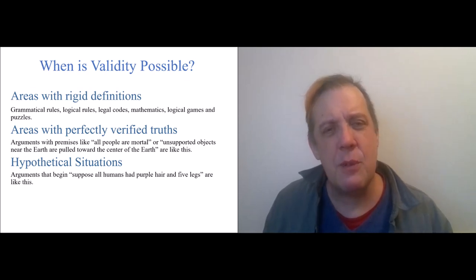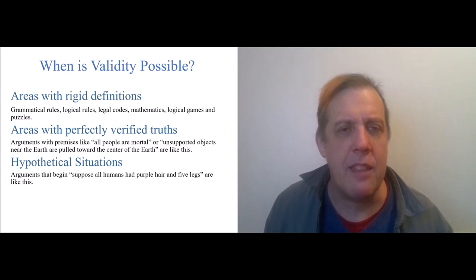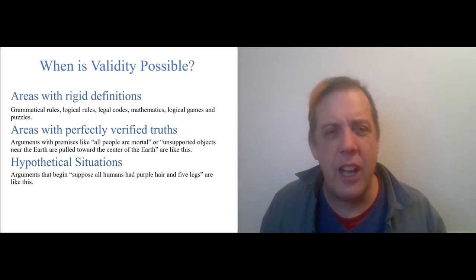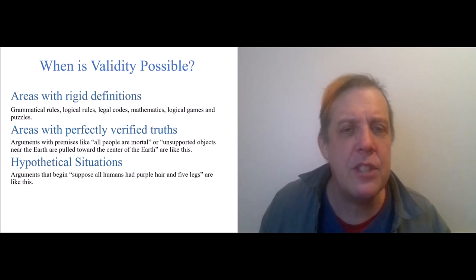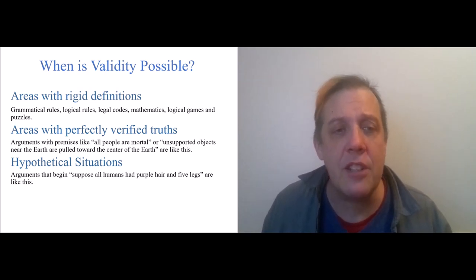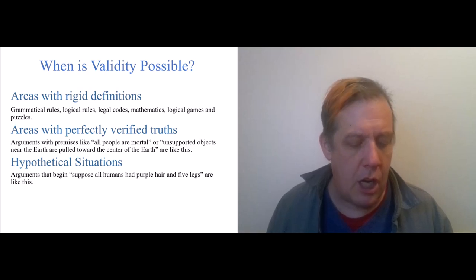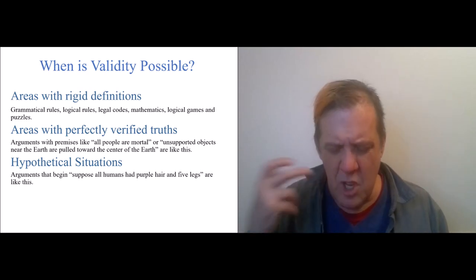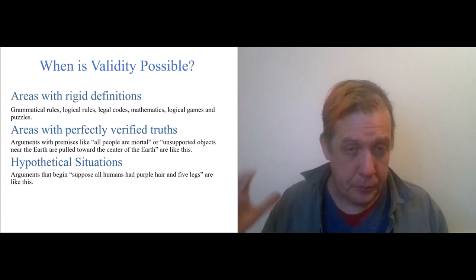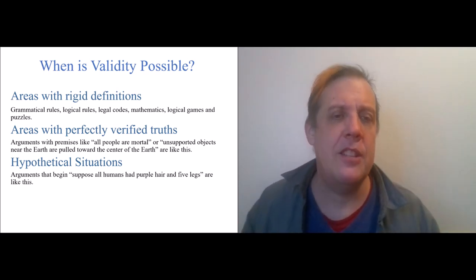Also, if we've got truths that we accept so naturally that they seem like mathematical truths, then we can go ahead and say that. So arguments with premises like all people are mortal or unsupported objects near the earth are pulled toward the center of the earth, those statements are universal enough that we can say a valid argument is possible.